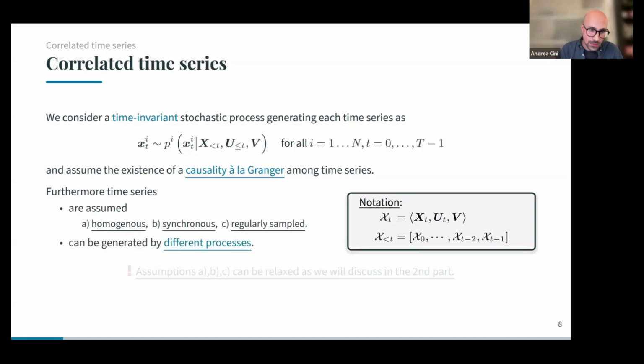We don't assume instead that these observations are generated by the same process for each time series. And it's important to say that while these assumptions might sound very restrictive, in practice they can usually be met with appropriate preprocessing steps and can also be relaxed, as we will see in the second part of the tutorial.